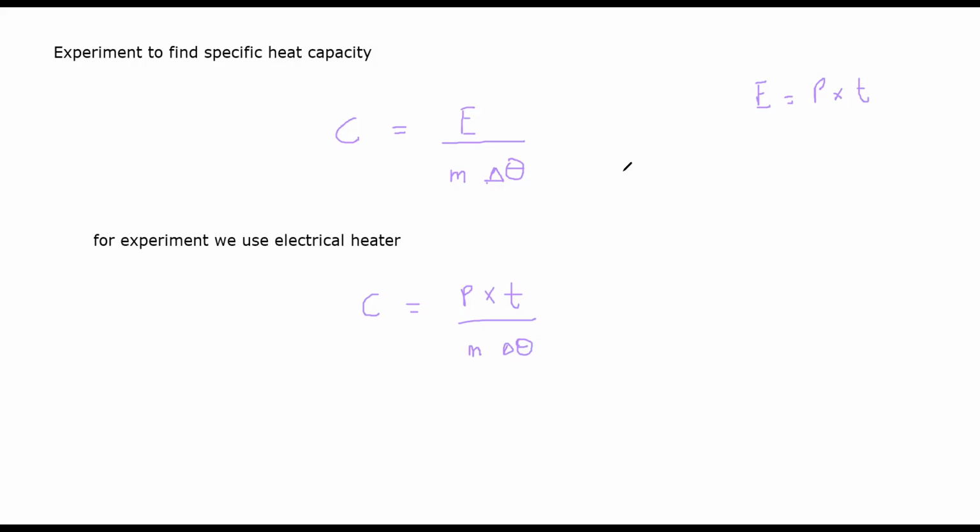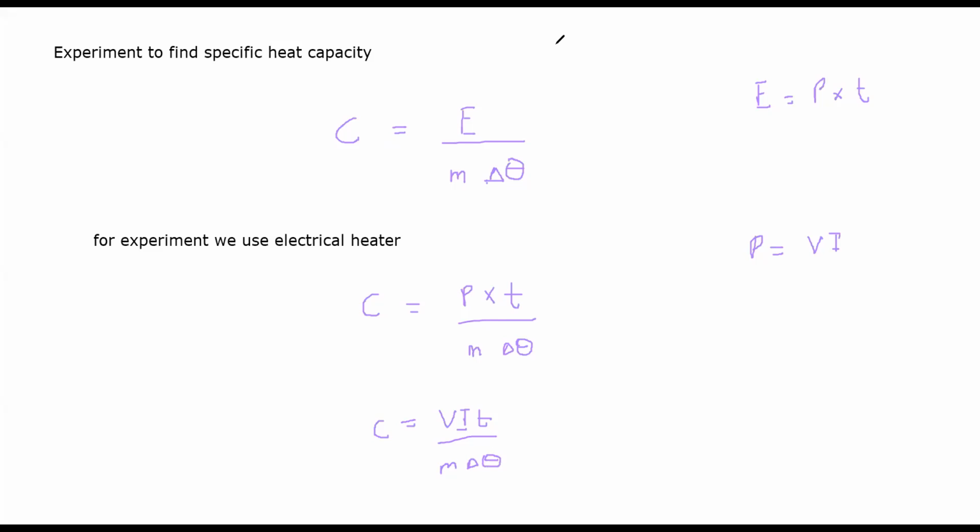But the power of the heater, as we discussed, is equal to voltage multiplied by current. So the new experimental formula for finding specific heat capacity is equal to VIT divided by M into temperature change.